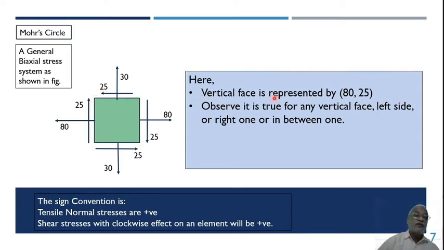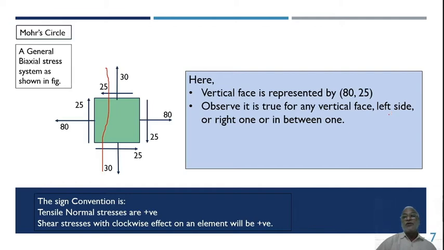I'm telling vertical face, so you can have the plane somewhere there also. But when you consider equilibrium of this element and try to make out what is there on a vertical face, it will be exactly the same once again. It will be 80 normal and tensile, and then it will be 25. It will always be trying to rotate the element in a clockwise manner. So that is what the statement says.